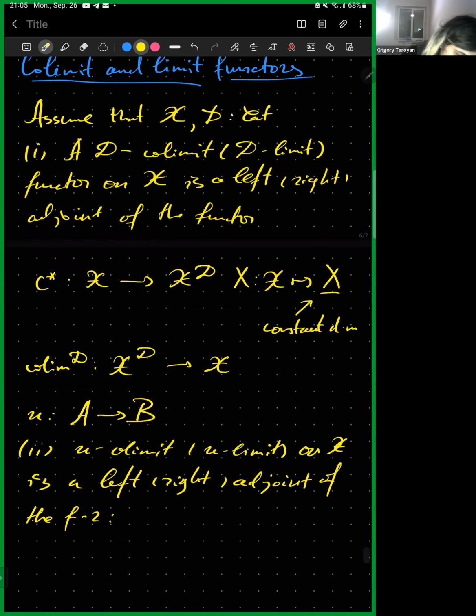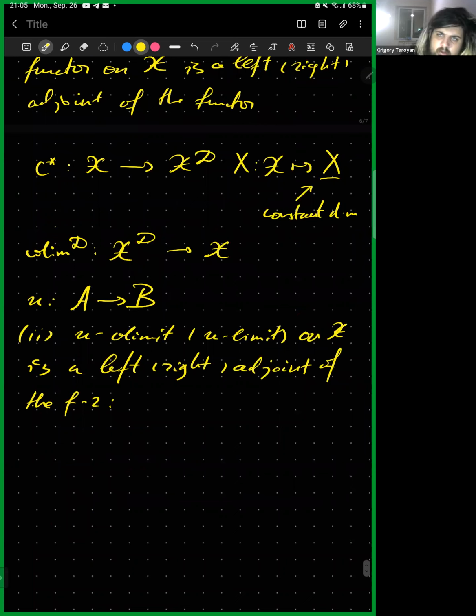which changes the indexing category of the diagram. So it can be denoted by X^U or equivalently by U upper star, and it goes from X^B to X^A.